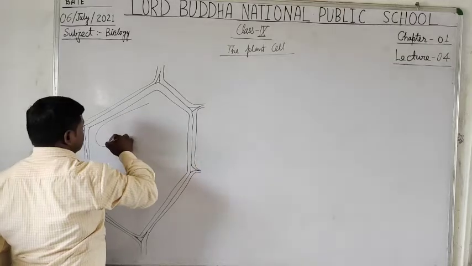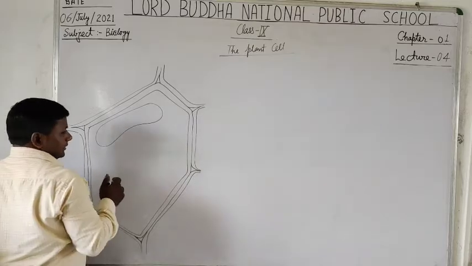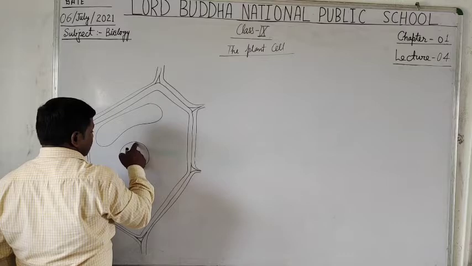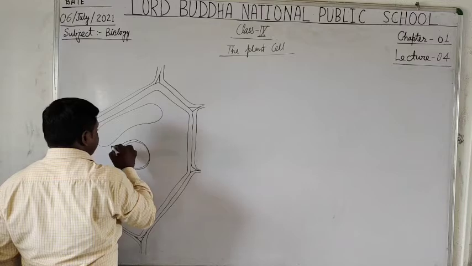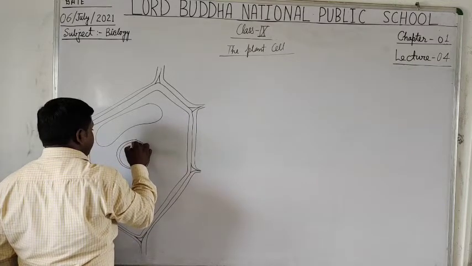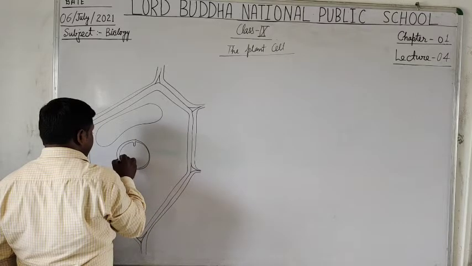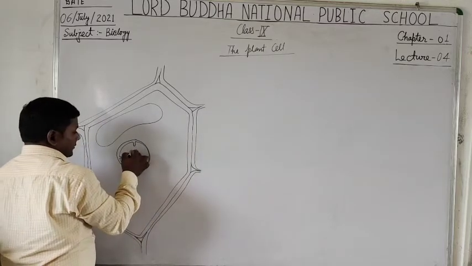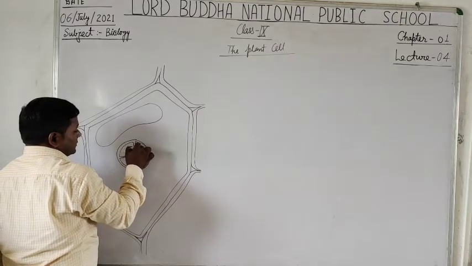Now, this is the cell vacuole, the most peculiar organelle inside a plant cell. This is the nuclear membrane. This dark dense region is the nucleolus inside the nucleus.